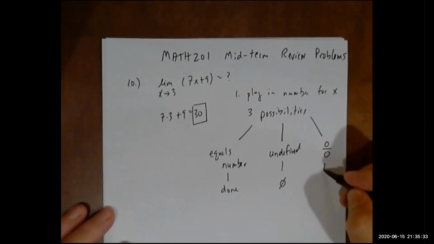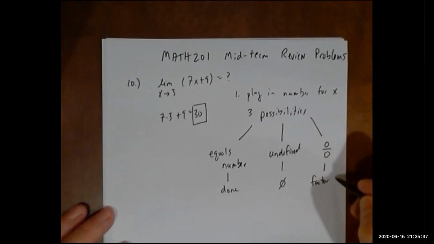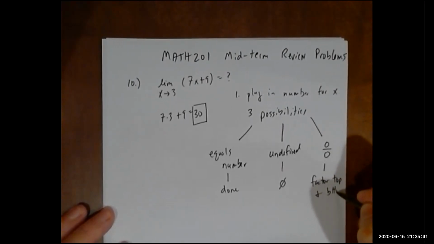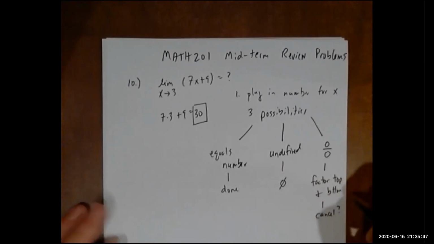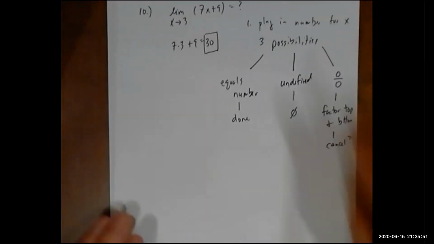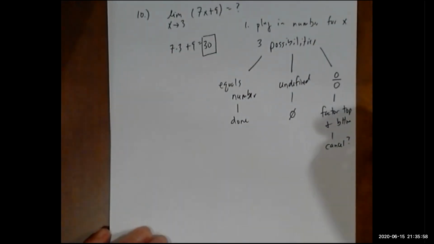You try and factor the top and the bottom of the fraction. And then you see if some stuff cancels out. Usually the problems are going to give us, this happens. Some stuff cancels out of the top and the bottom.